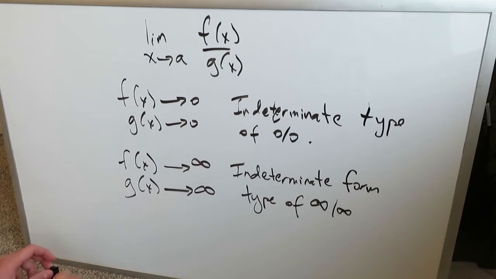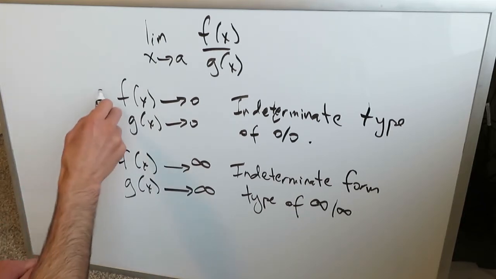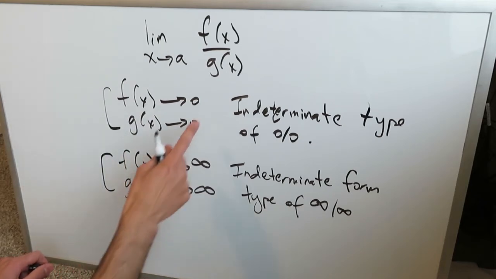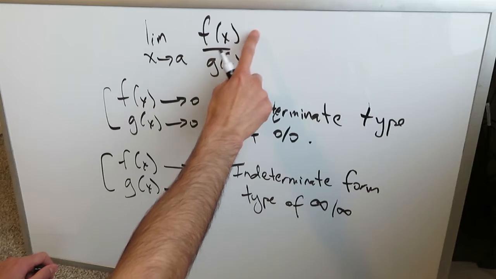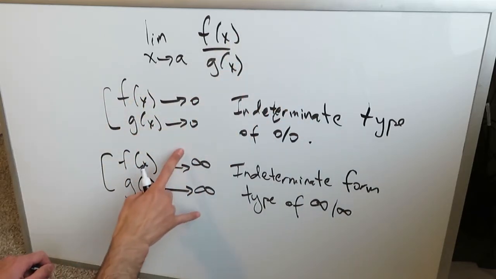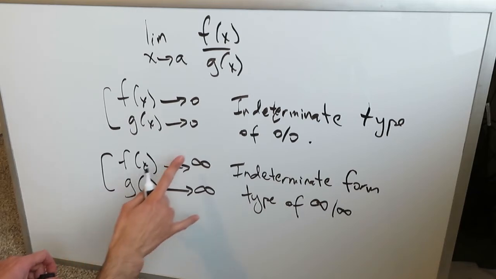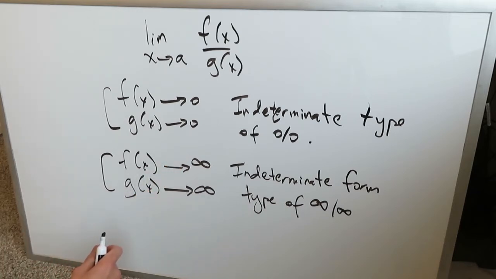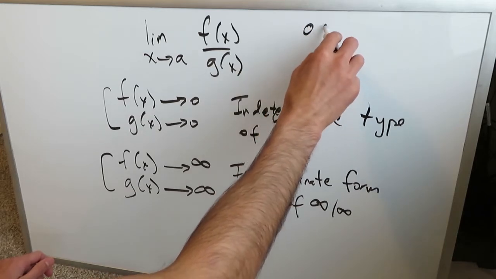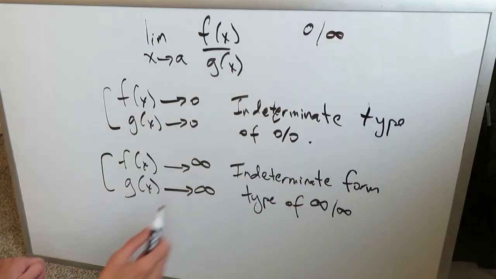So there's no conflict here between the end results of the individual limits, because both f of x and g of x are approaching the same values in this top scenario and they're approaching the same value in the lower scenario. But there are some scenarios where there's a tug of war, because in the numerator you might be approaching a 0, in the denominator you might be approaching an infinity.